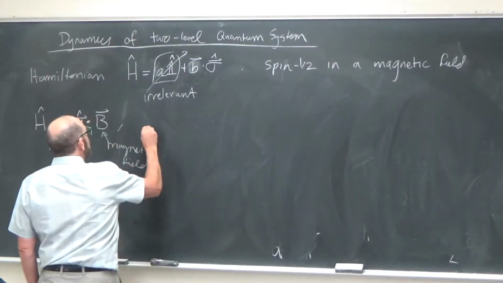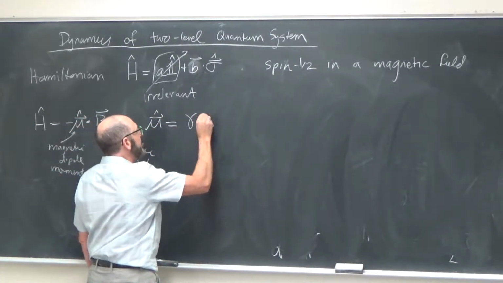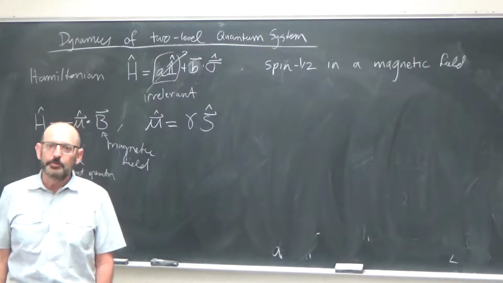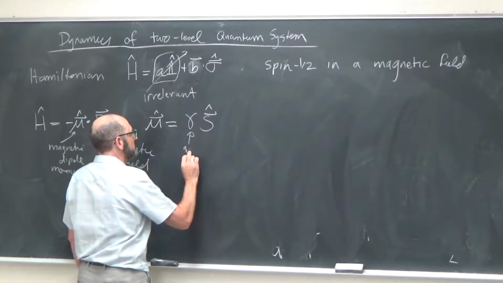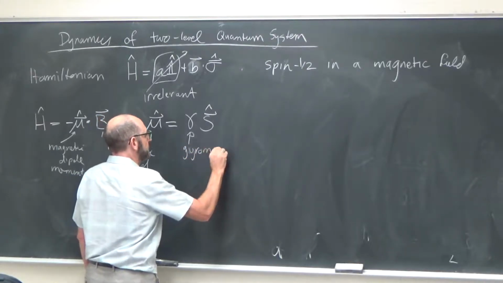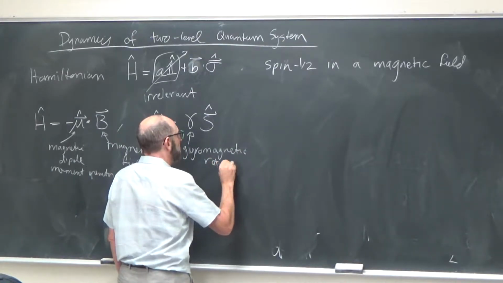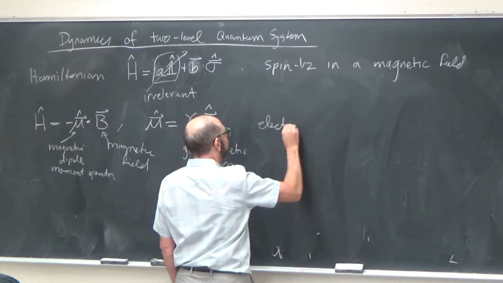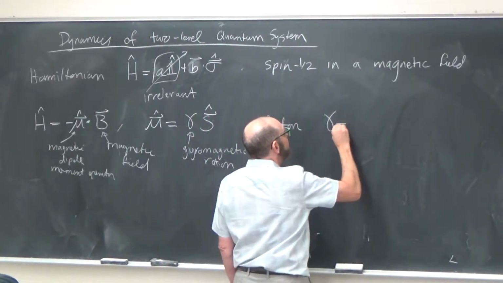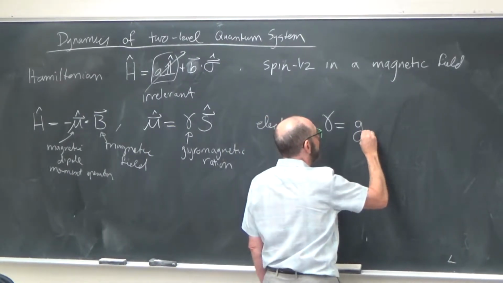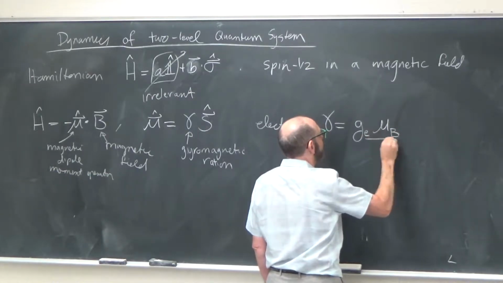And the magnetic dipole moment is proportional to the spin operator through something that's known as the gyromagnetic ratio. So for example, for an electron, as you remember, the gyromagnetic ratio is the g factor of the electron times the Bohr magneton in units of h bar.